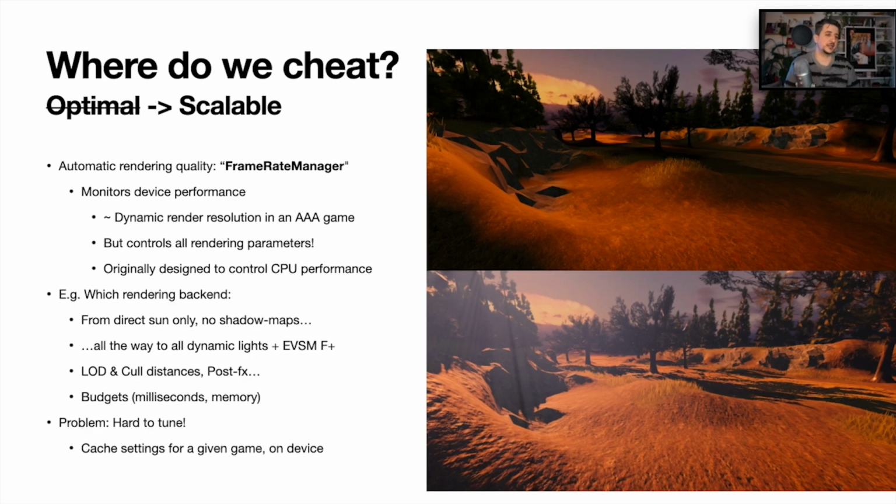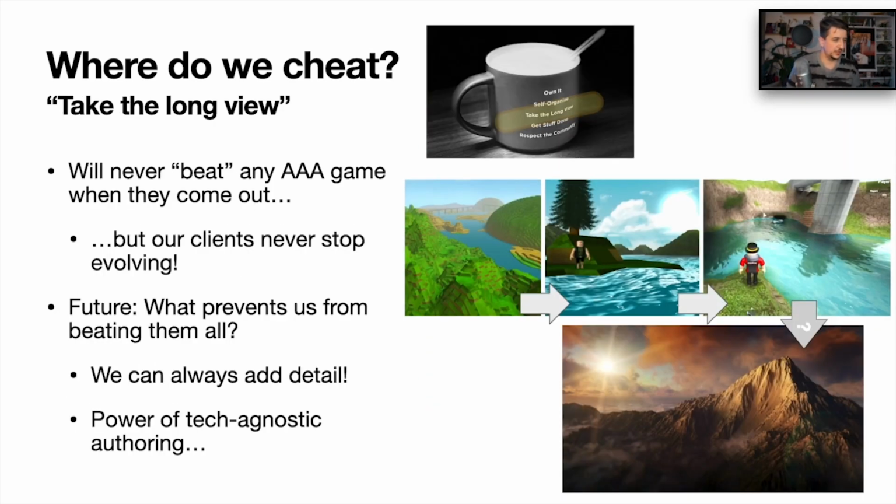And this is the other axis on which we cheat, like being patient, if you wish. So we know that we will never win over any AAA game at a given moment in time, but our clients never stop evolving. You can see there's some example of the evolution of our terrain system and its rendering quality. So the idea is that, well, eventually we will catch up.